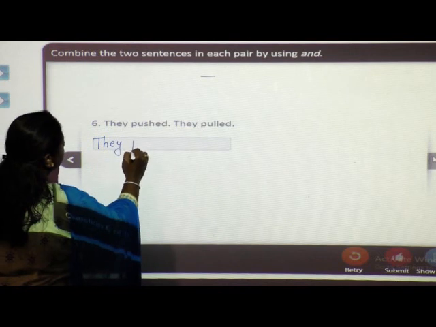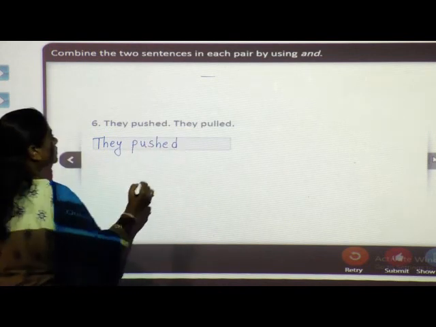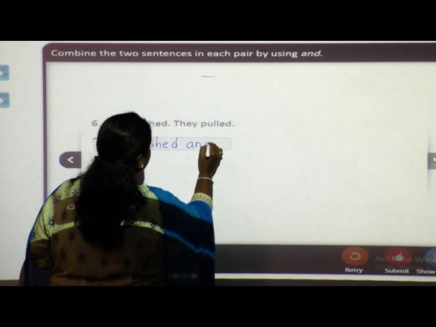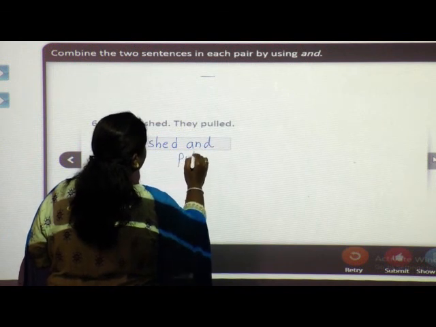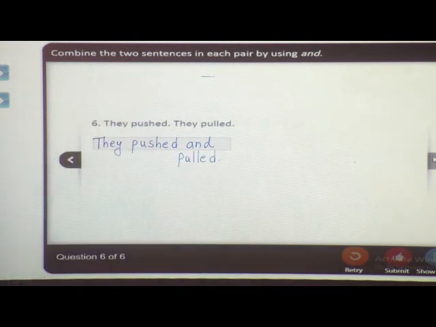They pushed and pulled. Okay, so here we have completed this exercise.